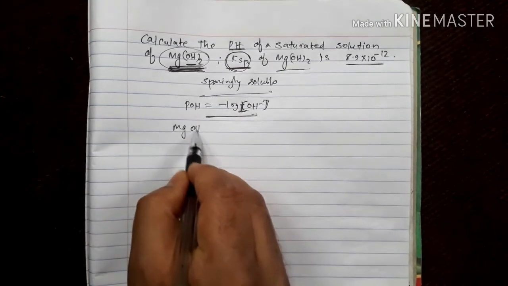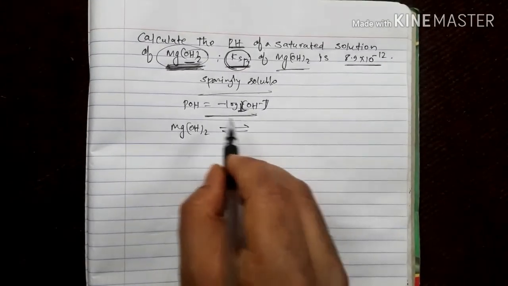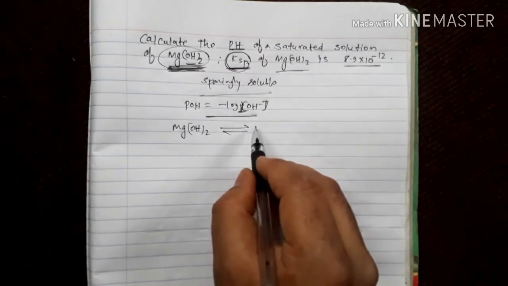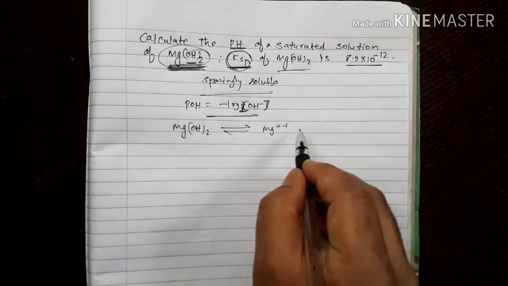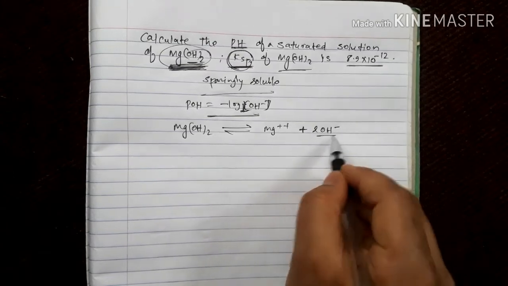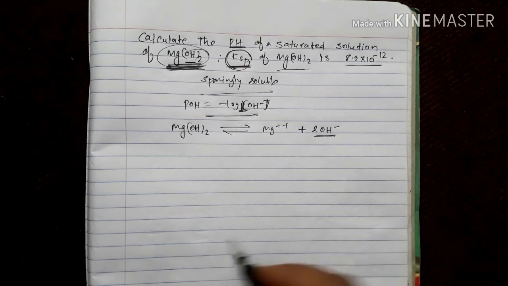Magnesium hydroxide is slightly soluble in water. Whatever magnesium hydroxide is soluble, it completely ionizes into Mg++ and 2OH minus. It is a strong electrolyte, completely ionized.